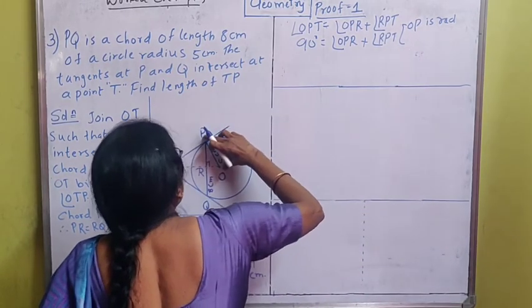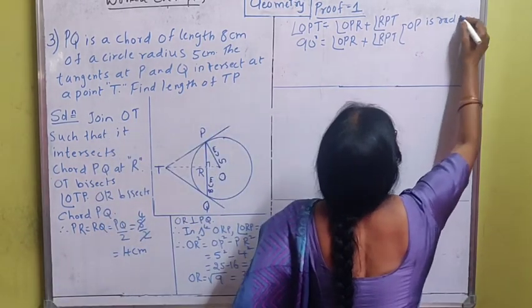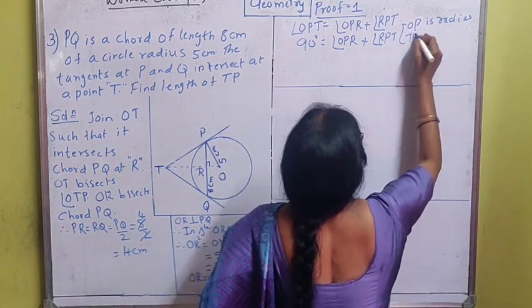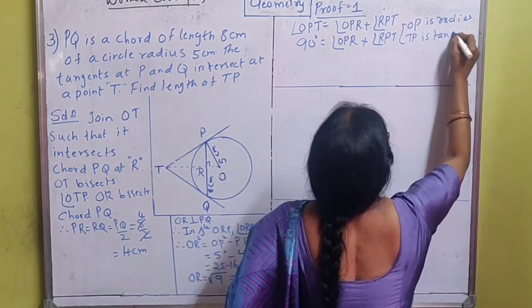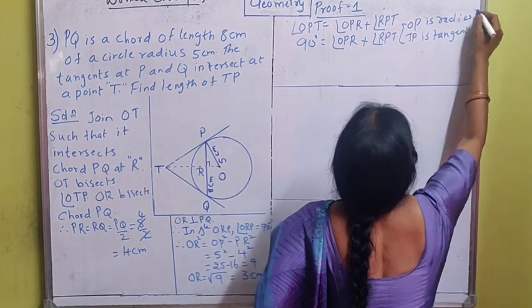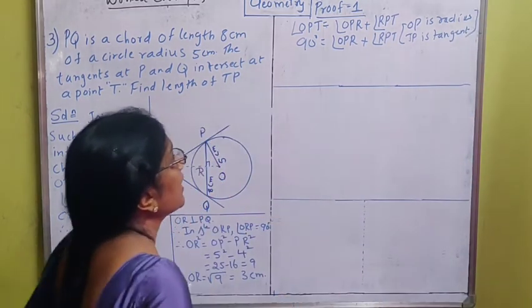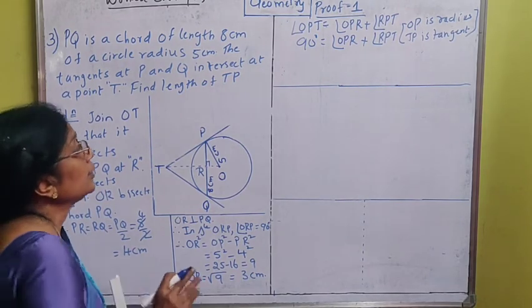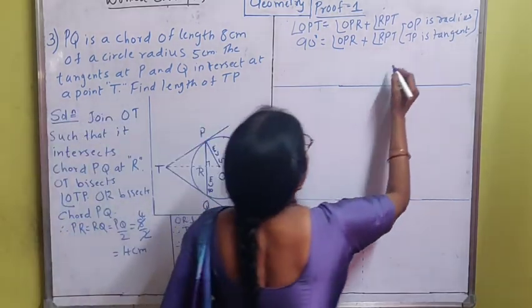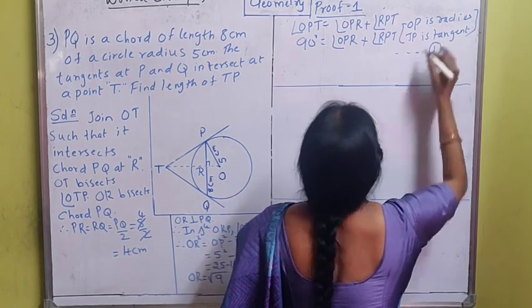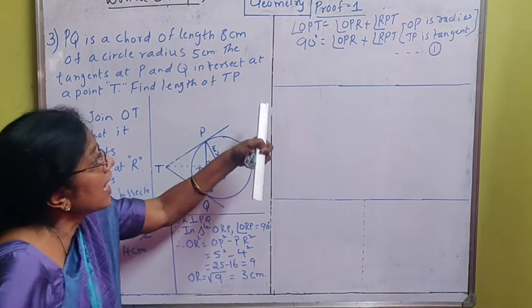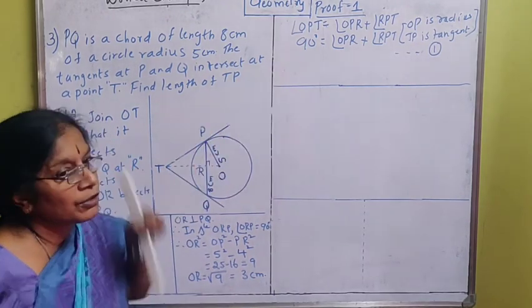OP is a radius, and TP is a tangent, so the radius and tangent are perpendicular to each other. So it became equal to 90 degree. You take this as equation number 1: angle OPR plus angle RPT is equal to 90 degree.